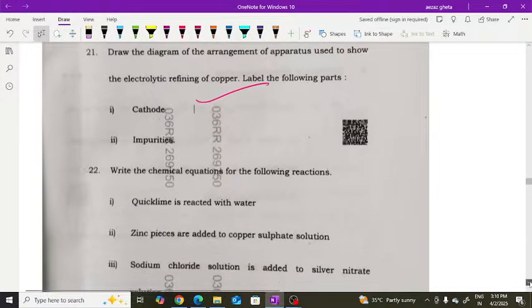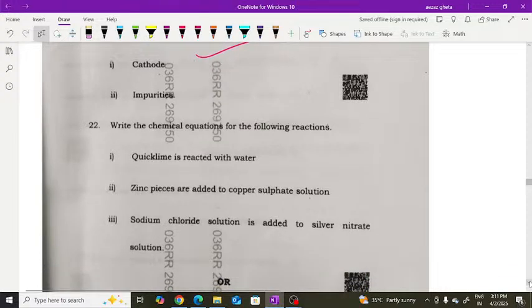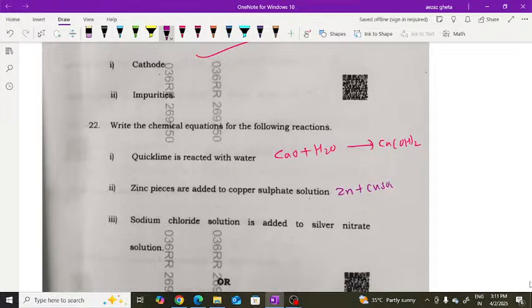Write the chemical equation for the following reactions. Quicklime is reacted with water: CaO reacts with H2O to form Ca(OH)2. Zinc pieces are added to copper sulfate solution: we get zinc sulfate and copper is displaced. Displacement reaction.